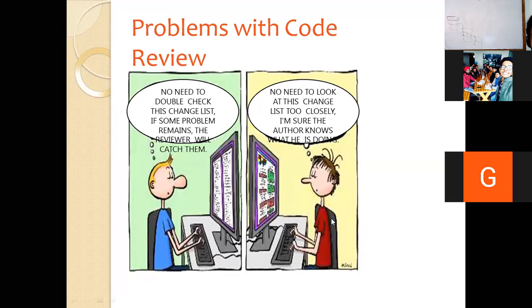On the other side, this reviewer in the red t-shirt feels there is no need to look at this change list too closely. The reviewer feels that I do not have to see it very closely, just because I am sure the author, meaning the coder, knows what he is doing. So these are the problems with code review.